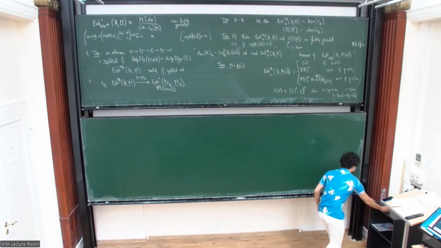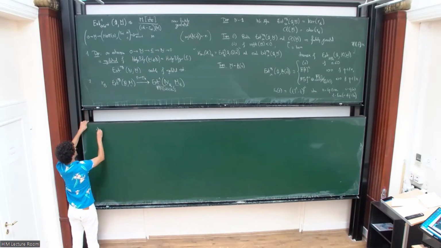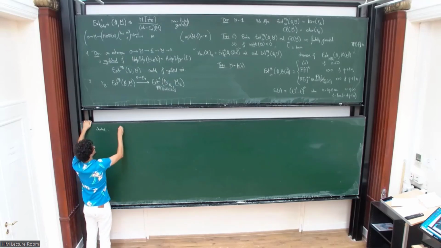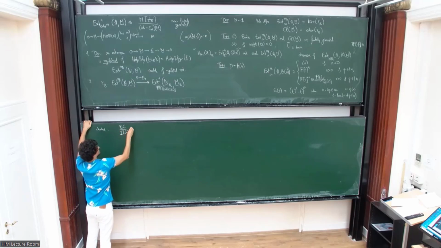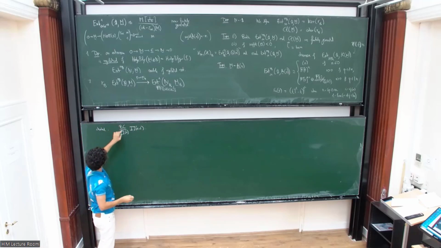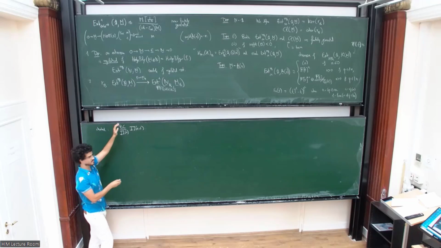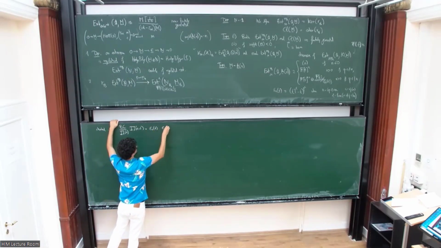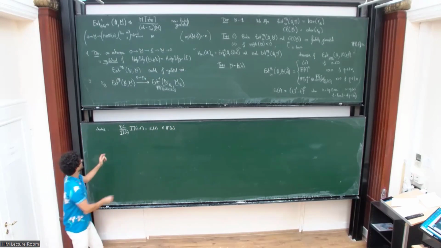We actually checked that if I take the Carlitz factorial of n minus 1 over the Carlitz factorial of n, so it's roughly B_n over n, and I multiply by epsilon n, then this is actually integral.